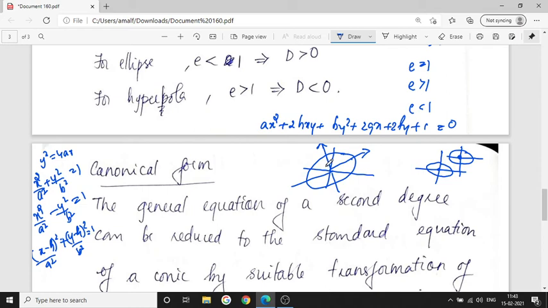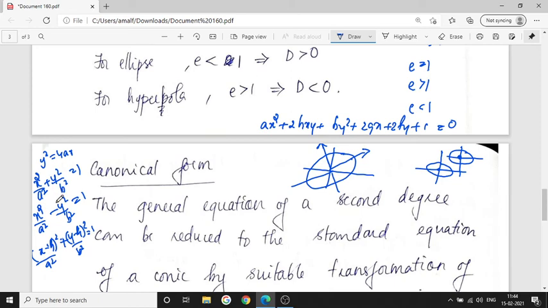And now by using suitable translations or suitable axis rotations, this general equation, using a suitable transformation, you can convert into a conic in this form. So we can convert it into a conic in this standard form.